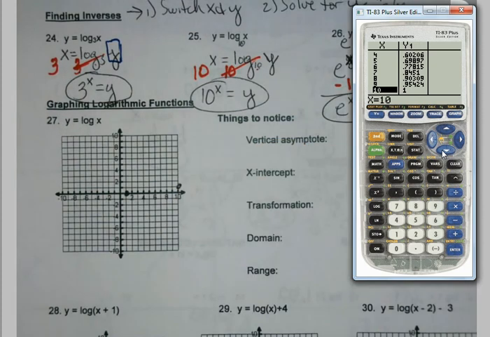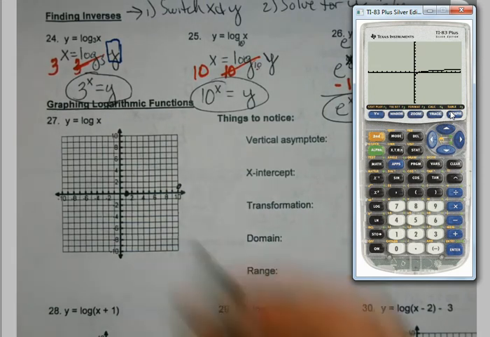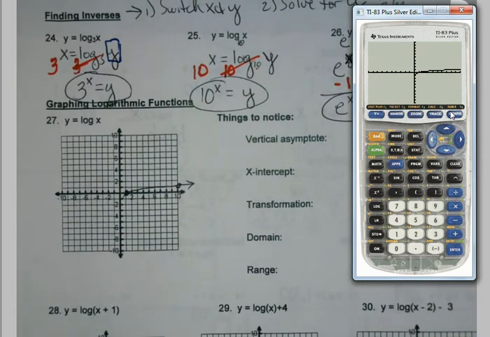Does that mean that if I hit graph, it just goes like this, and that's all I do? No. Because if I started to trace this, you notice it's still coming down here, but then it disappears.